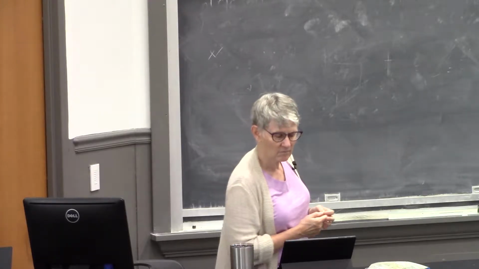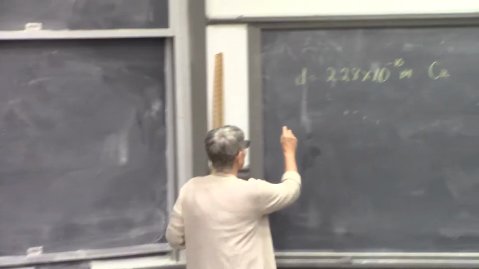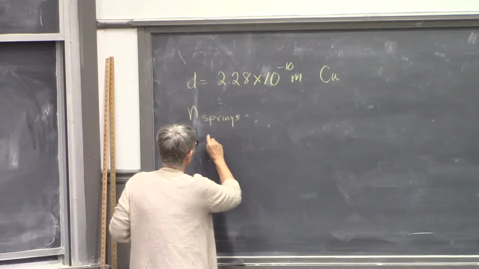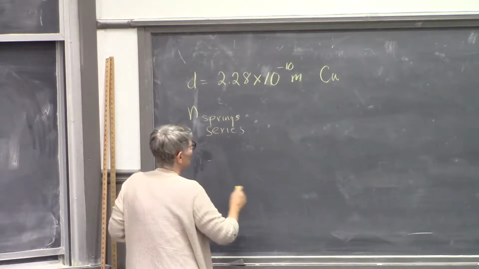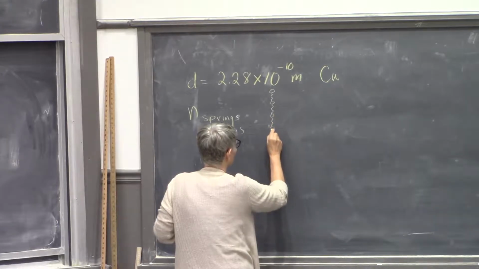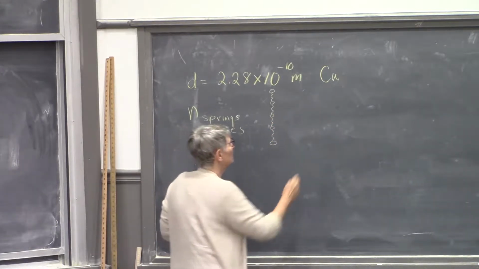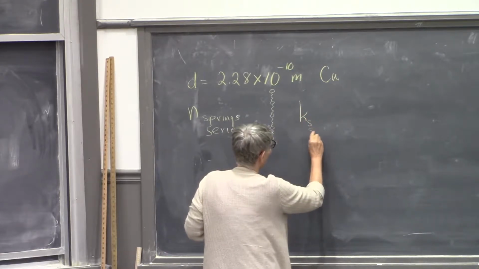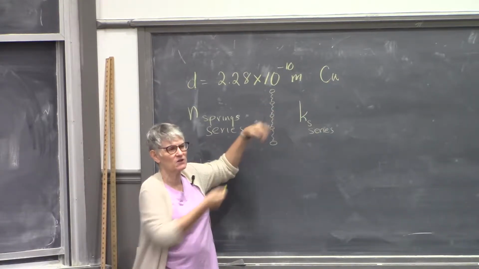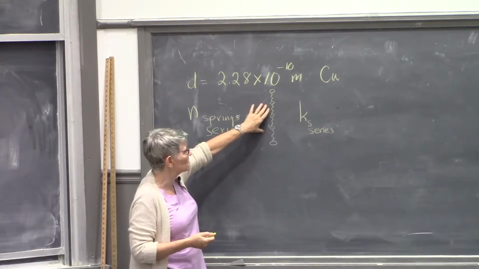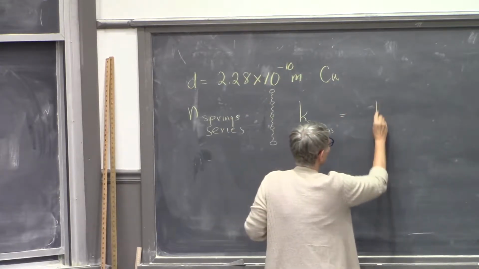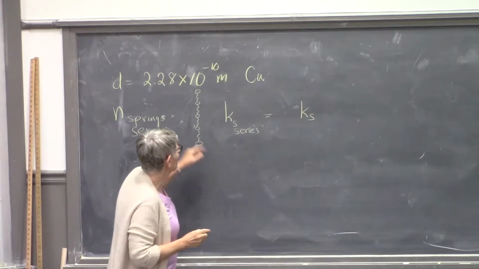and we got to the point of saying that if we had n springs in series, which means end to end, the stiffness of this whole series of springs, I sometimes write the effective spring stiffness of the whole thing, K effective, but what we mean is the stiffness of this whole series of springs is proportional to the stiffness of one spring.